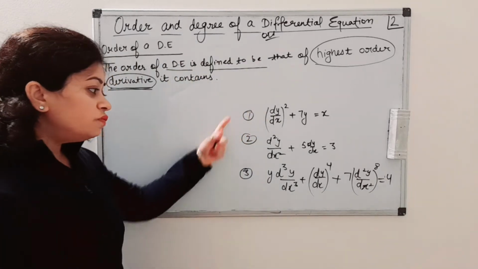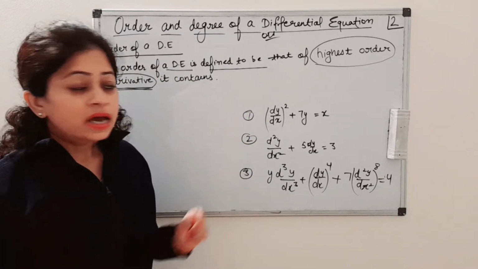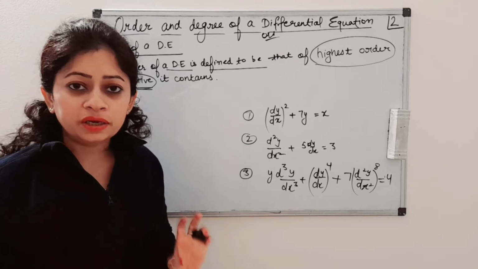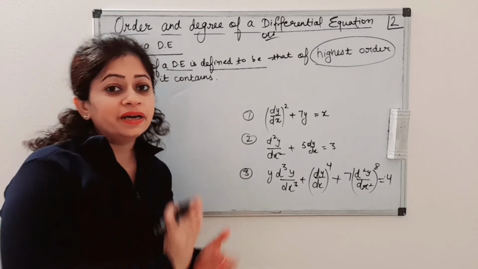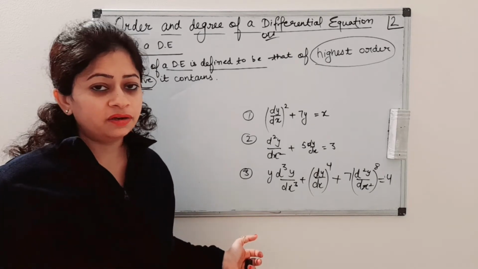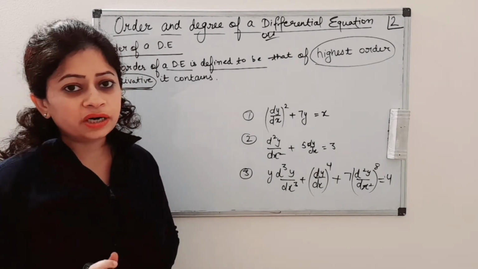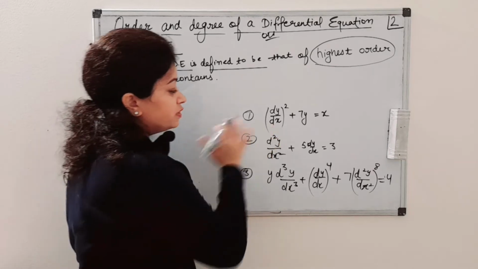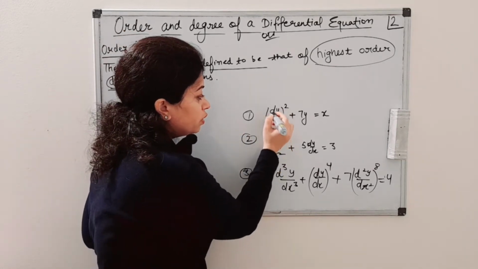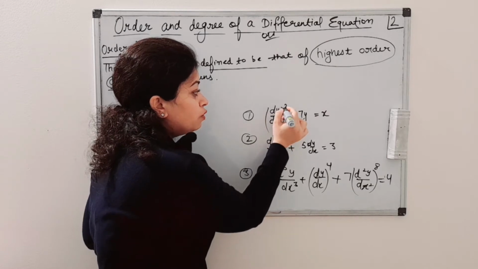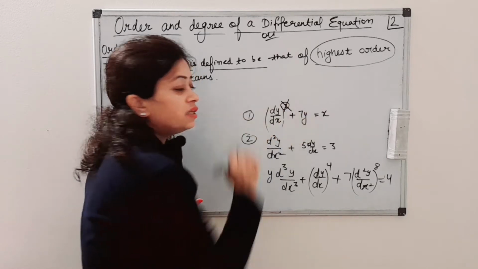Suppose we have these three equations and we need to find the order. So we will see the highest order derivative, not the power of anything. Just the highest order derivative. Suppose we have the first example. Here we have only a first order derivative, dy by dx raised to power whole 2. We do not need to see this power for order.